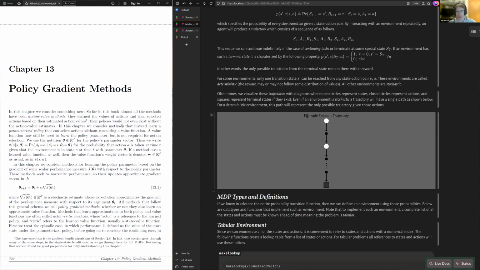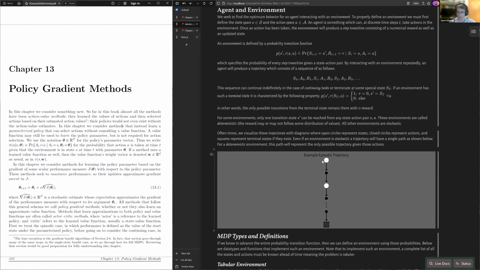In this case, this is showing a case of an episodic trajectory where it ends at some point, at some terminal state. How this trajectory works, where you end up, these white circles represent states in the environment, will depend on how the environment works, what the rules of transitions are, and also what actual policy is being followed by the agent.